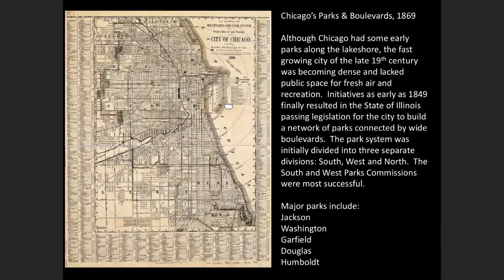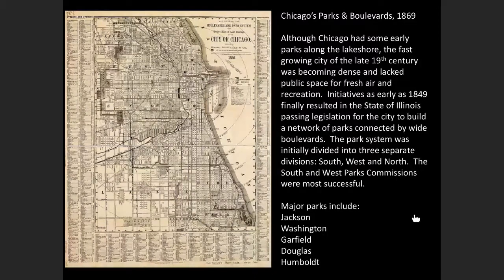But the idea of an open shoreline was a novel idea, because typically riverfronts and lakefronts in cities were heavily industrialized, and the concept of keeping the lakefront clear was a radical idea at the time.